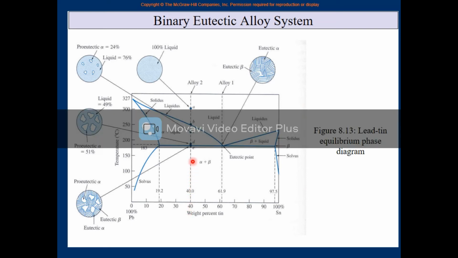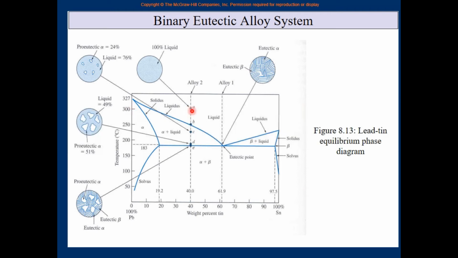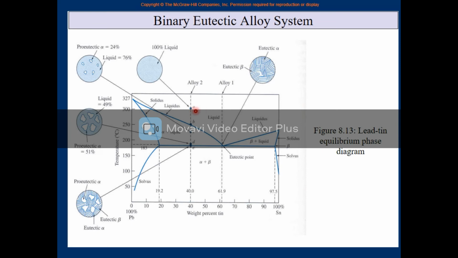We just draw a vertical line. And then we will find at different temperatures, at a temperature of around 300, what do we have? We have point A. What is the first question? How many phases are there? Only one phase, the liquid phase. Second question, what is the composition of this liquid phase? 40% tin, right? That is it.